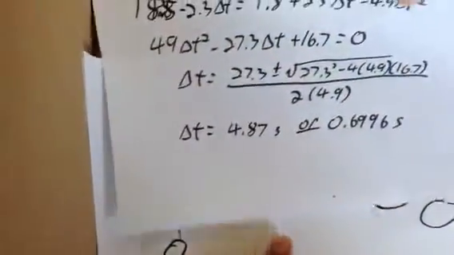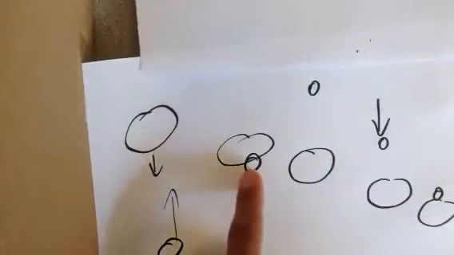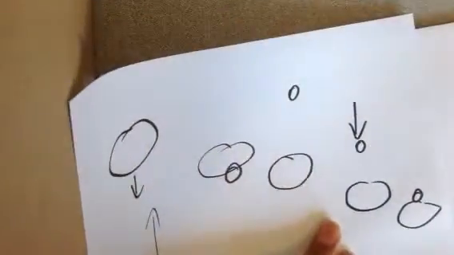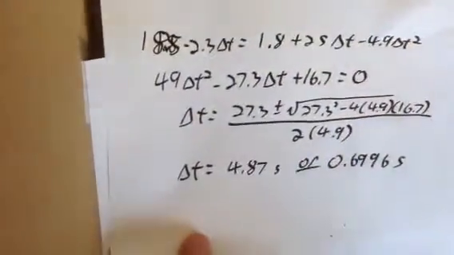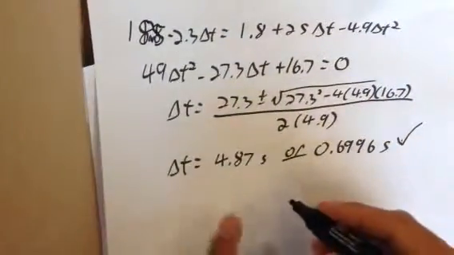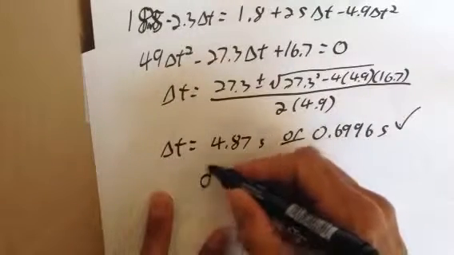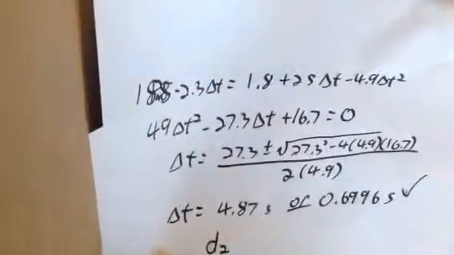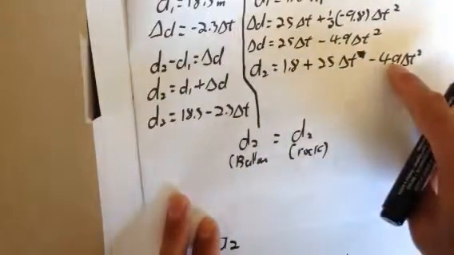So our two solutions from the quadratic, this one tells us the time where the rock initially hits the balloon, and this one tells us the time that the rock hits the balloon for a second time. Given the context of this question, we're interested in this solution. Now, we weren't asked the time though, we were asked the location. So the final position of the balloon and the rock, I could take either d2 for the balloon or d2 for the rock.